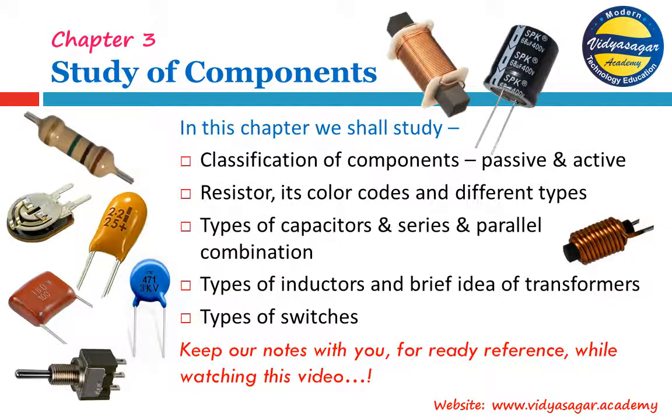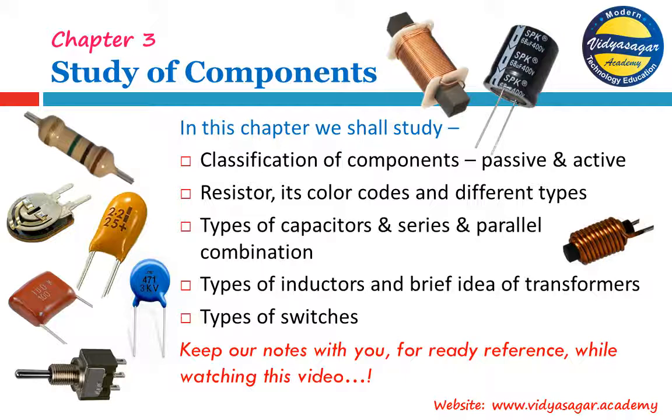Now starting with the third chapter, it is the study of components. In this chapter we shall study the classification of components, simply active and passive types of components, then the resistor, its color codes and different types of resistors. Then we have to study the capacitors, their types, and series and parallel combination of capacitors.